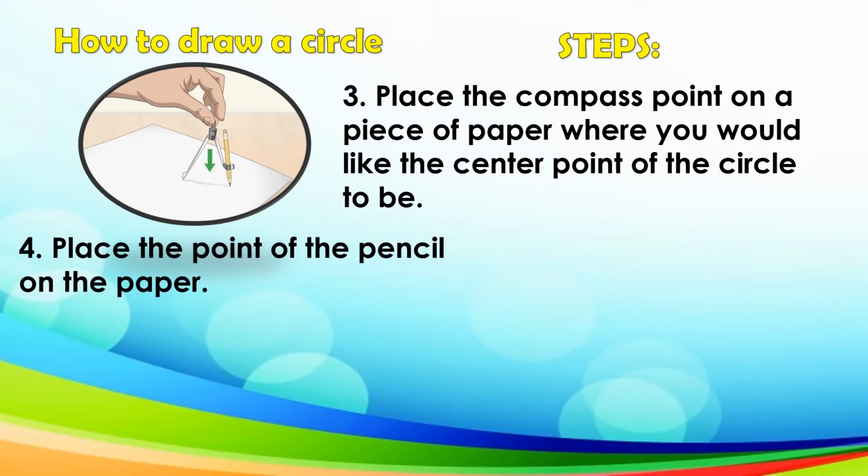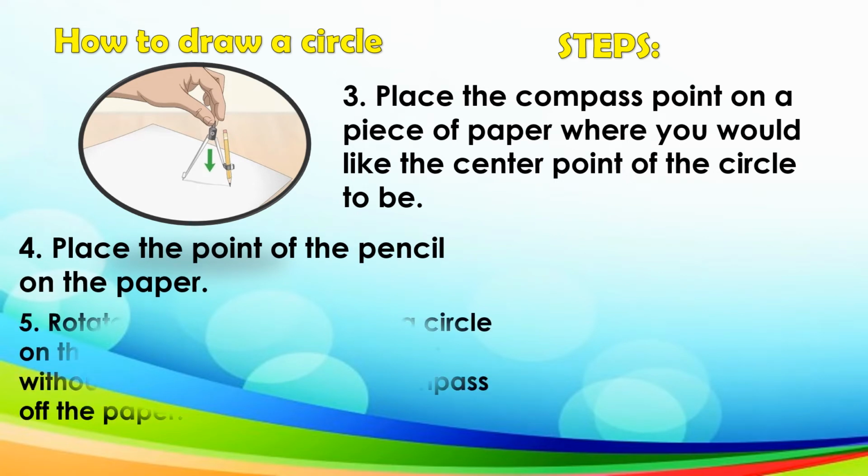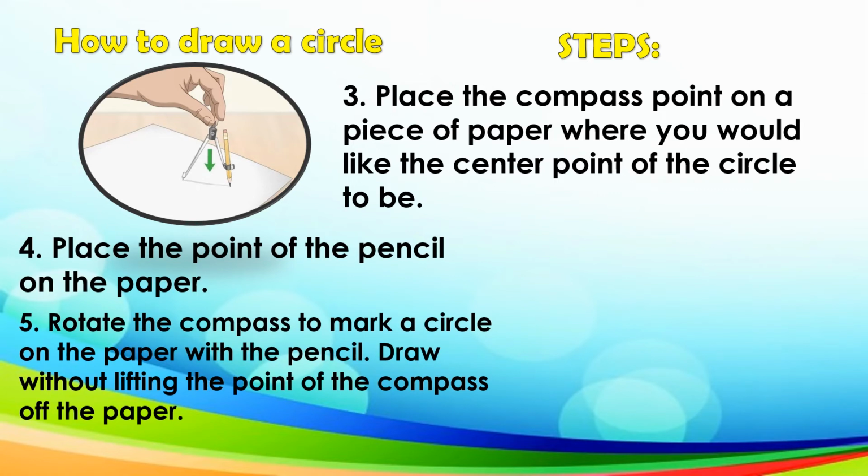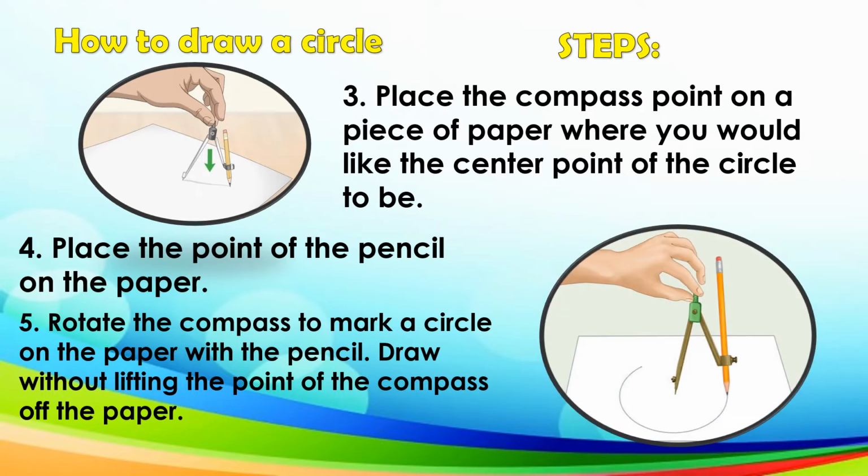Then place the point of the pencil on the paper. And number 5, rotate the compass to mark a circle on the paper with the pencil. Draw without lifting the point of the compass off the paper.